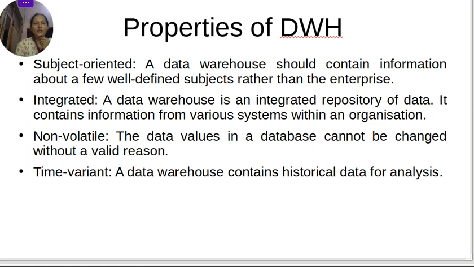That is the time variant property. A data warehouse contains historical data for analysis. It means you can add data, but you cannot change existing data without any valid reason. So newer data can be added to historical data, but you cannot change existing data without any particular reason.